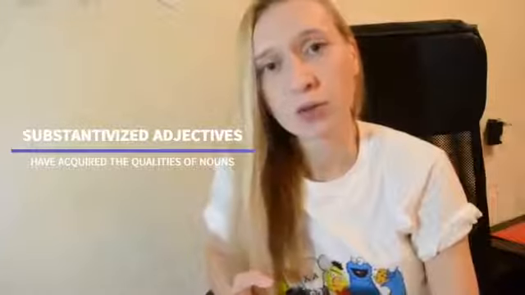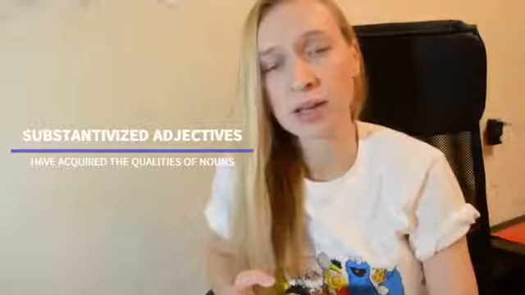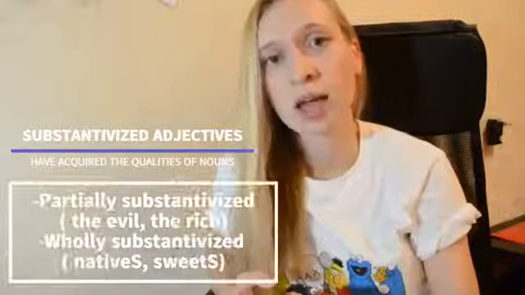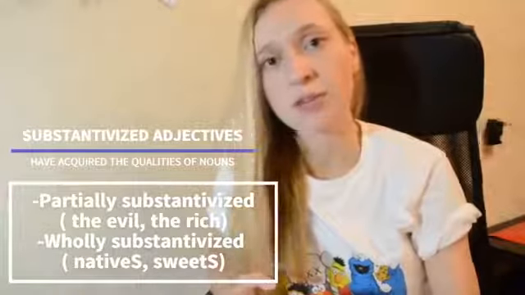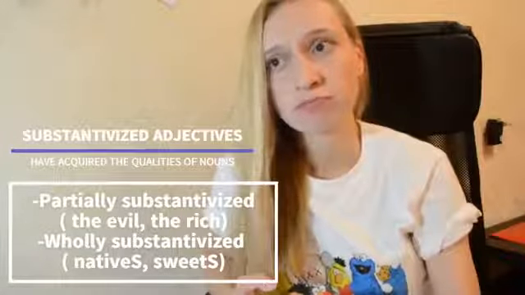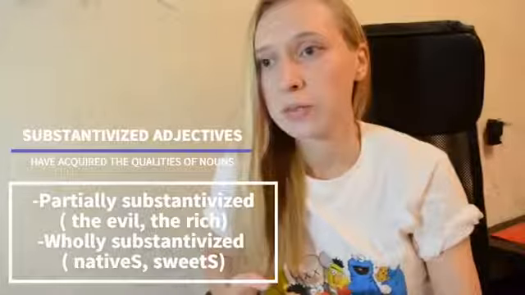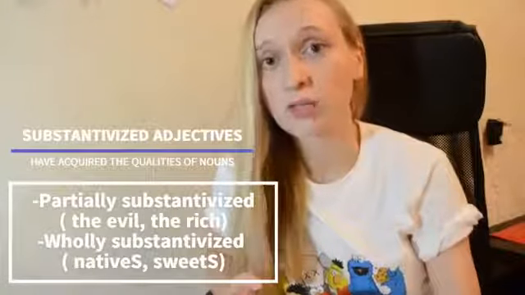Well, in this group of adjectives, we have two types of substantivized ones, and these are wholly substantivized adjectives and partially substantivized. Partially substantivized words have several characteristics of nouns, such as an article, and these are the examples like the poor, the rich, the good, the evil.